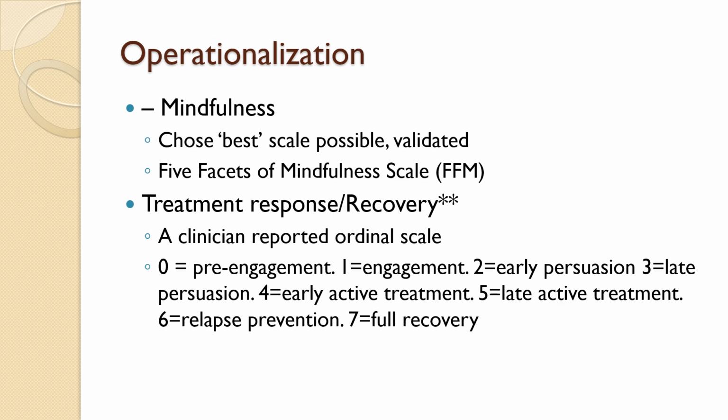And those levels are pre-engagement, engagement, early persuasion, early active treatment, late active treatment, relapse prevention, or full recovery. So this is a 0 to 8 measure. I'm not going to call it a scale. It's not a scale. A scale is an individual collection of items that all measure the same thing. This is probably best described as an index.